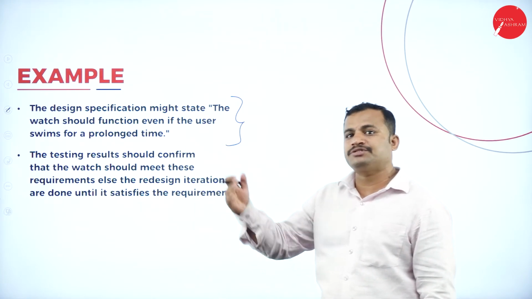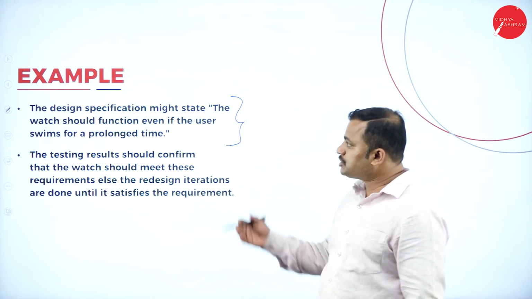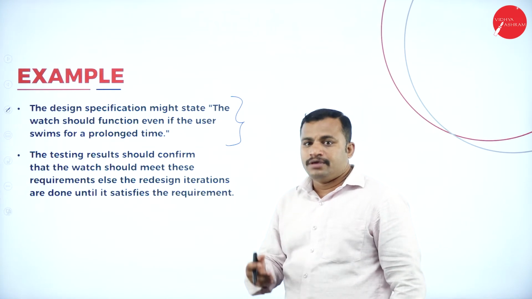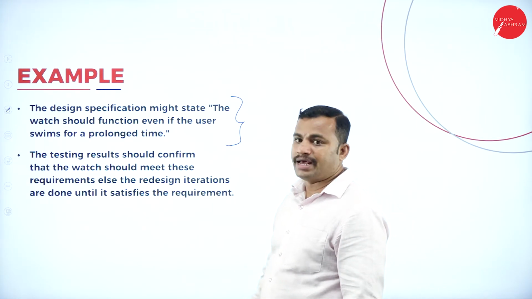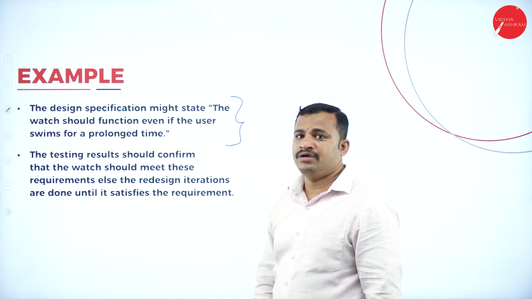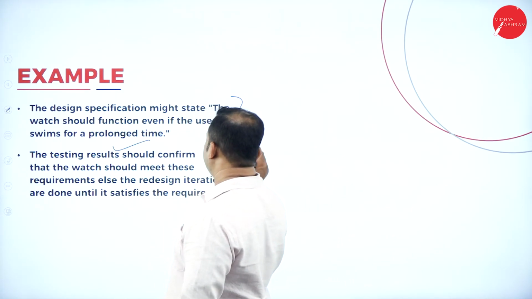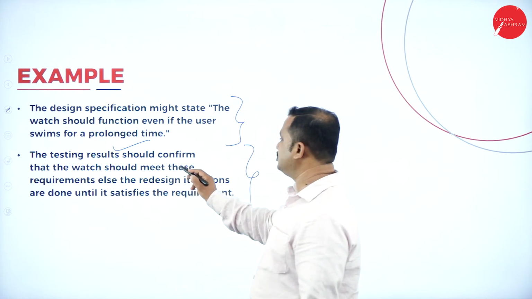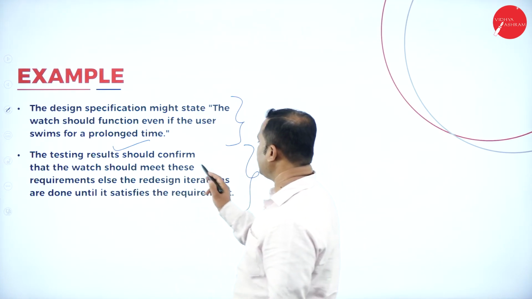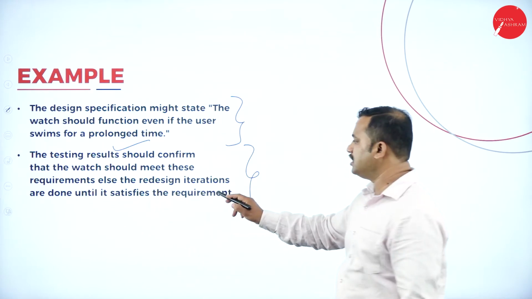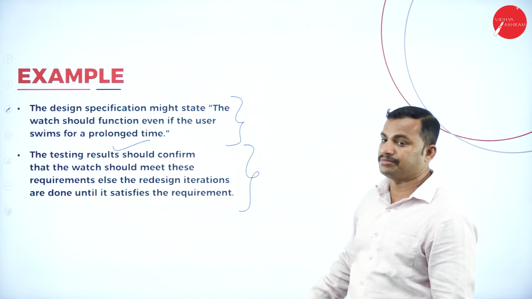When a swimmer swims in water, it has to be in a working state. It has to be resistant enough against water. The testing result should confirm that the watch meets these requirements, else redesign iterations are done until it satisfies the requirement. That is the meaning of that.